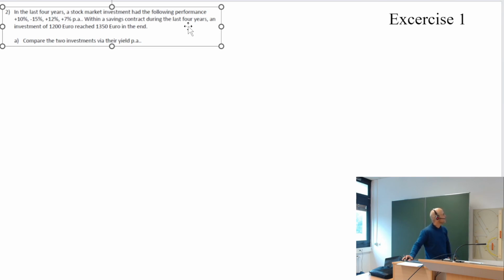So some savings contract should, for the last 4 years, yield an investment of 1,200 euros. In the end, you should have 1,350 euros. And now we should compare these two investments via their yield, so to speak, which one would be better. What would you do then?